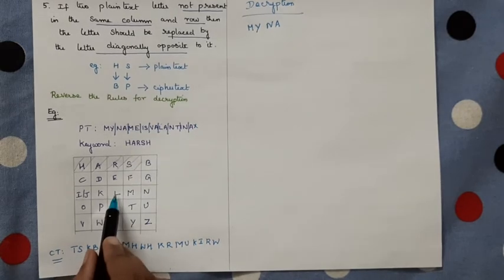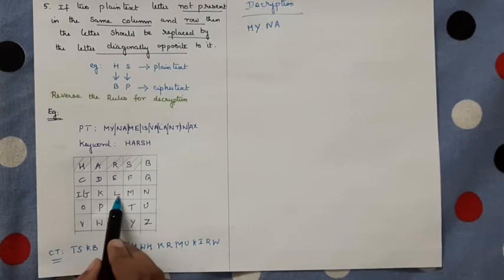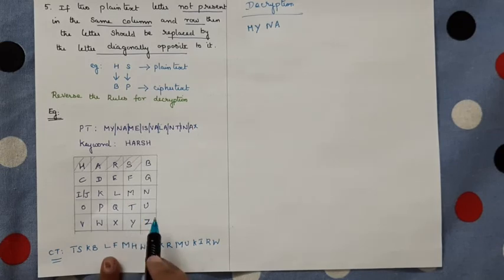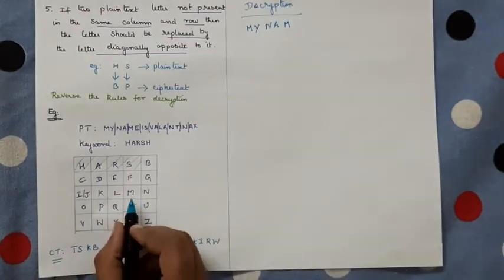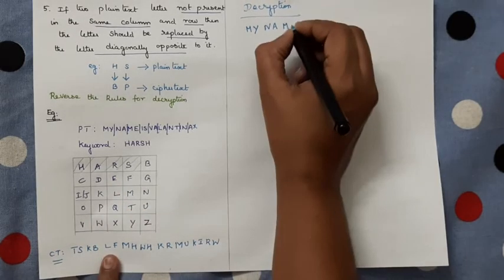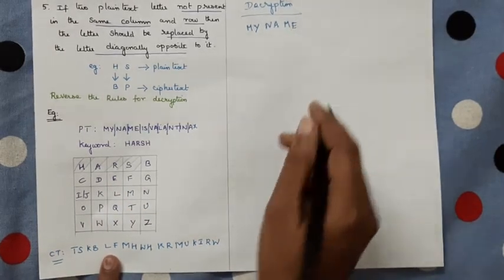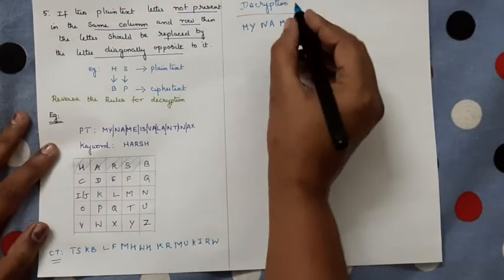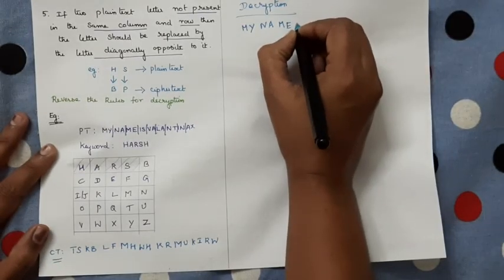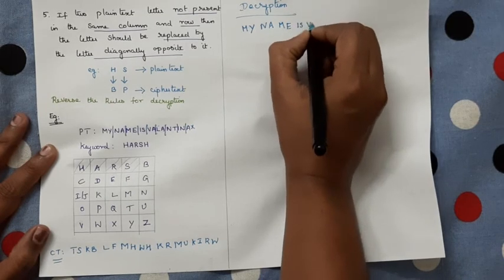L is here, F is here. L's diagonal element is M, and F's diagonal element is E. So I got my next pair of plain text. In the same way, if you keep on doing it, you will get the plain text: my name is Valentina.